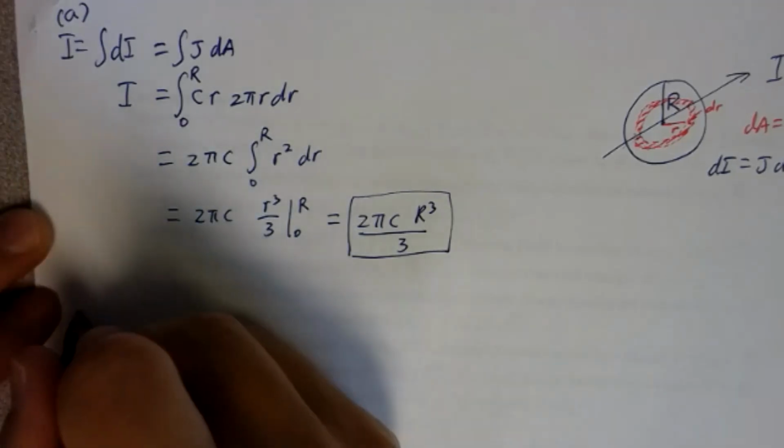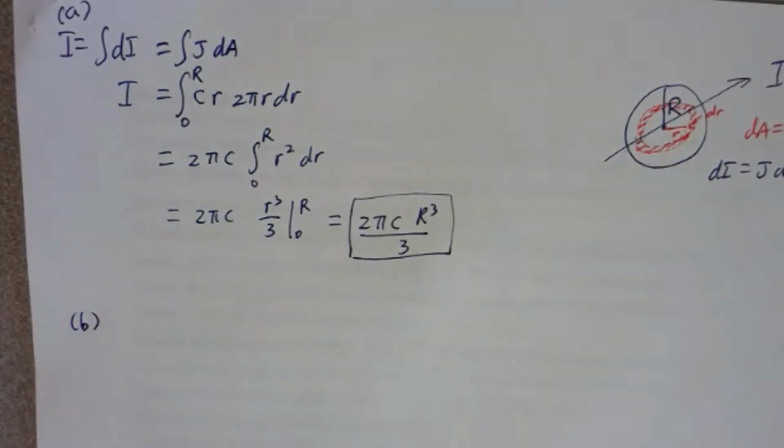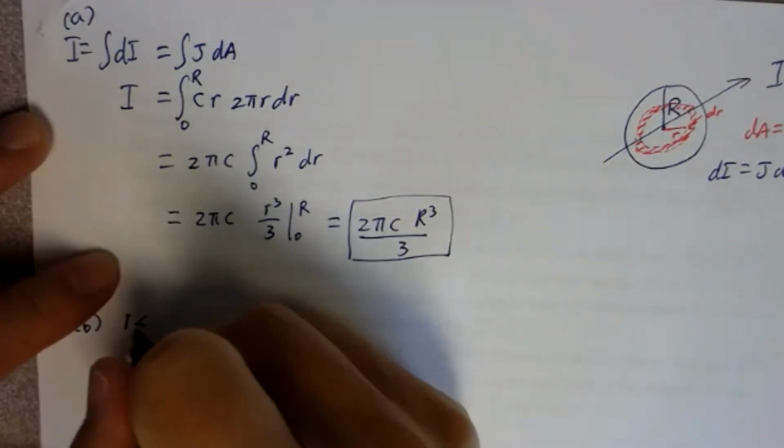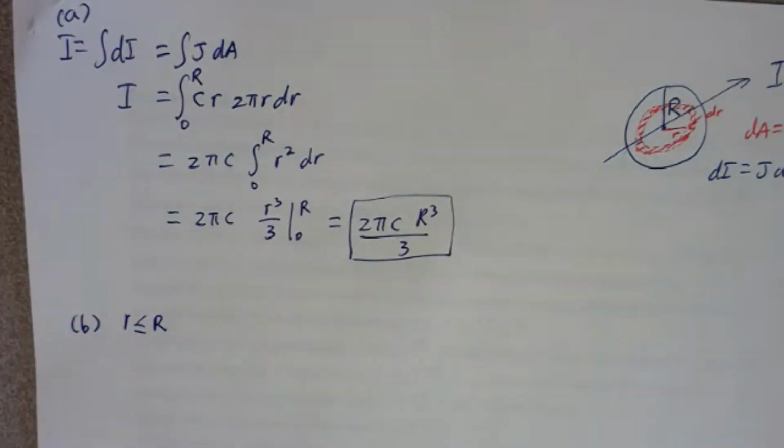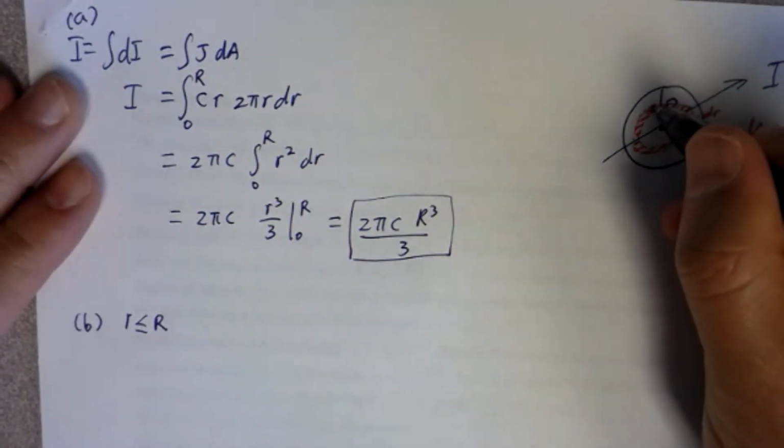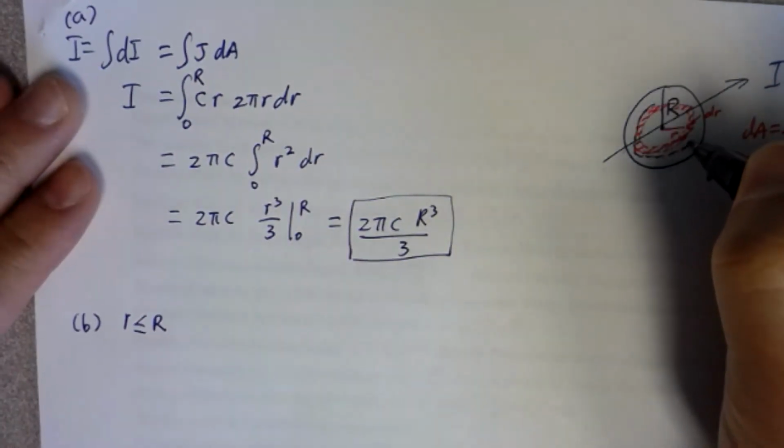All right, now next. What's the magnetic field produced by the current for r less than or equal to capital R? That means inside the cylinder. So inside the cylinder, you draw a closed path of radius r. Let's take this as the closed path, radius r.